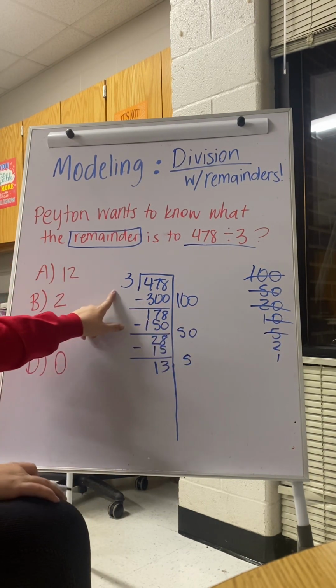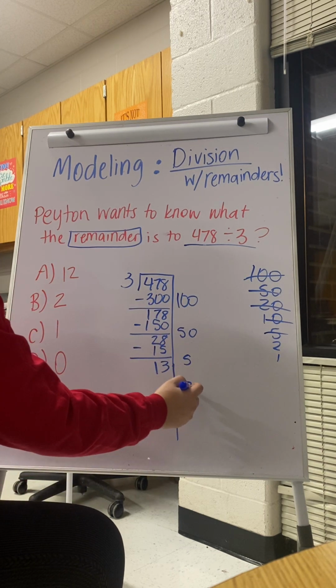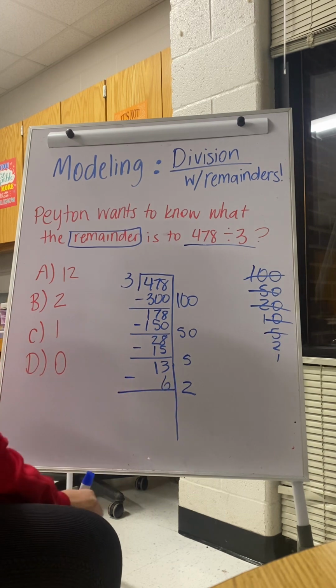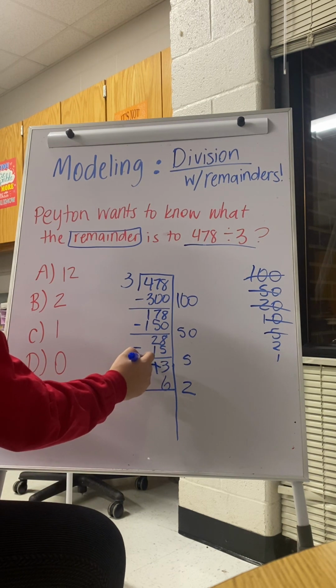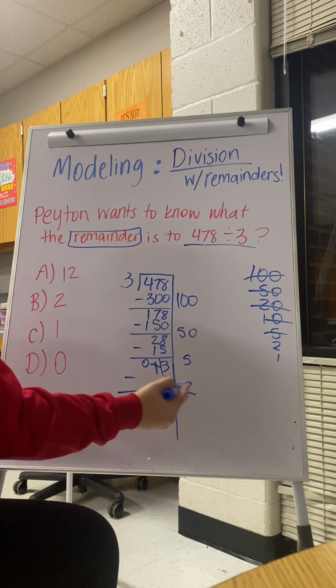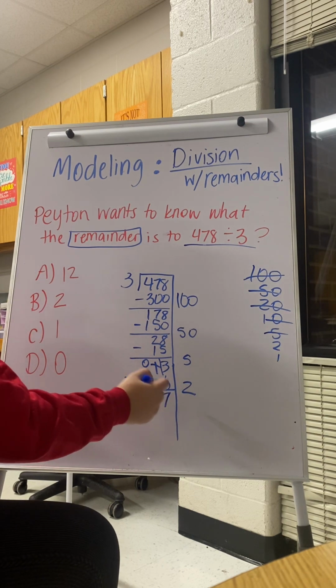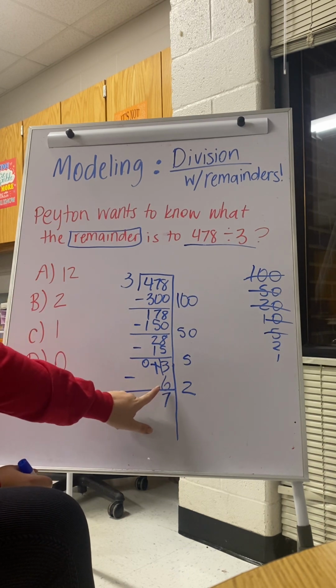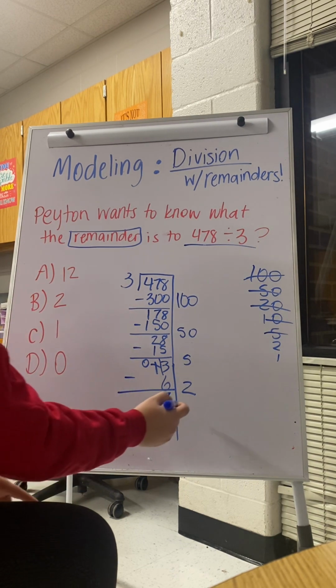So 2 times 3, I'm going to put the 2 here. 2 times 3 is 6, so we can do that, okay? 3 minus 6, we can't do that, so we can borrow. 13 minus 6 now is, okay, we got that, 7. So 7, and I've got another group of 2 I could bring out because 2 times 3 is 6. Okay, so I put a 2 here.